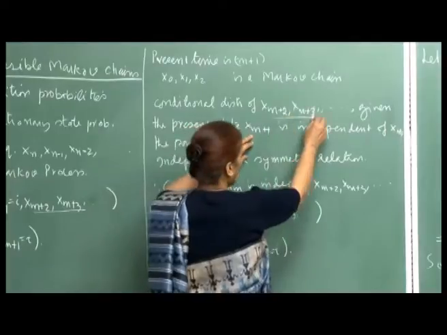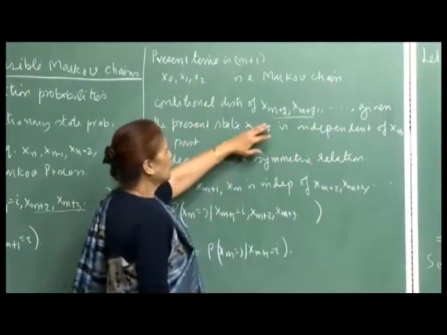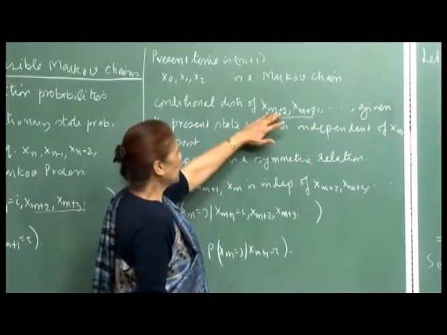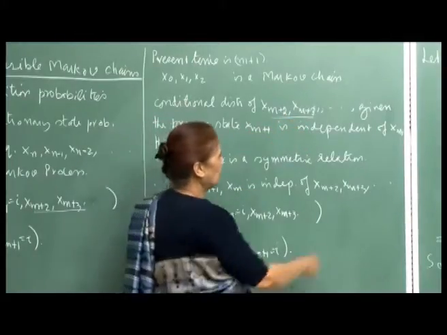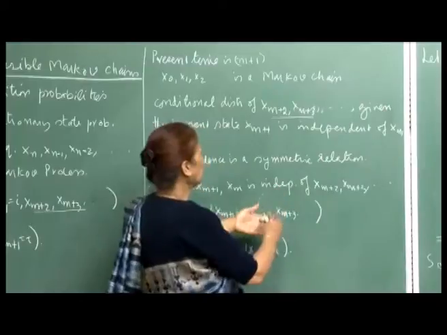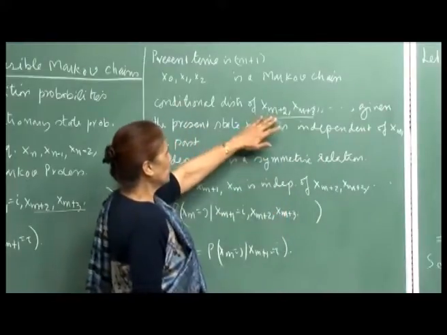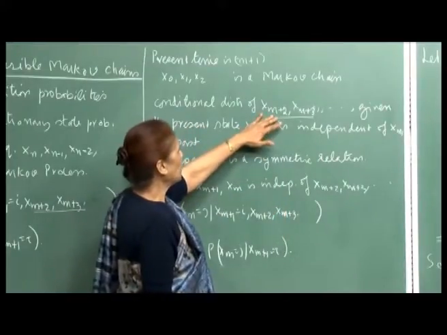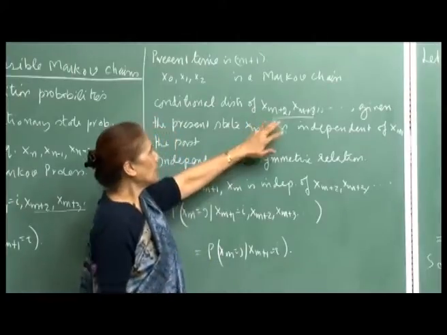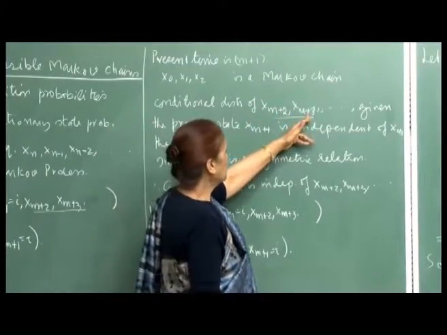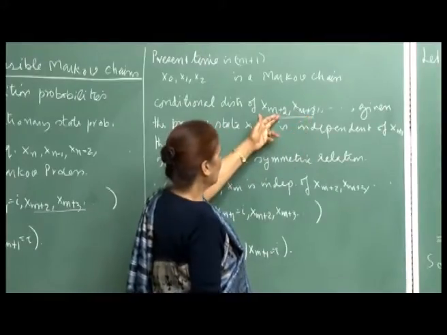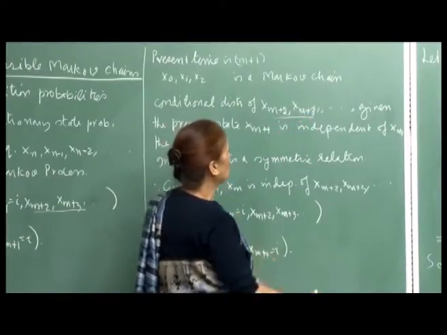The Markov property tells us that the conditional probabilities of x m plus 2, x m plus 3, and so on do not depend on x m, because the state occupied at time m plus 2 depends on the present state, and x m plus 3 will depend on x m plus 2, and so on.